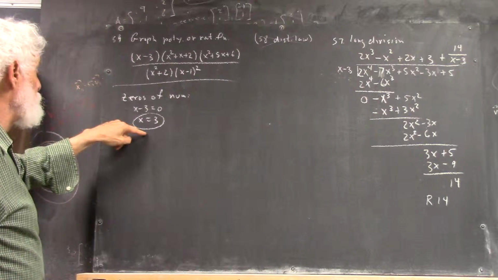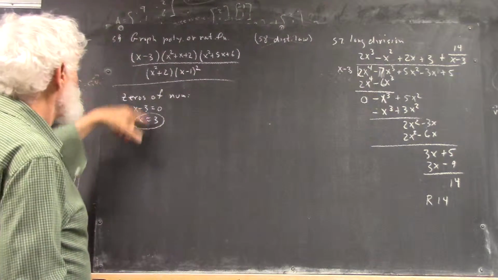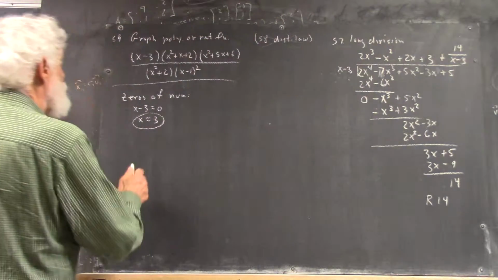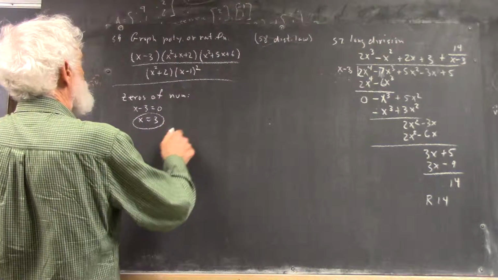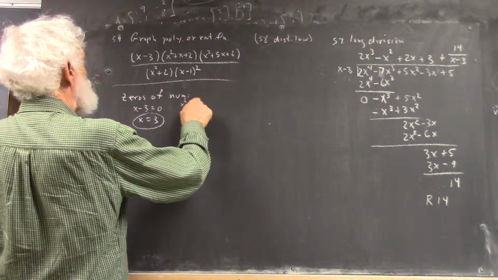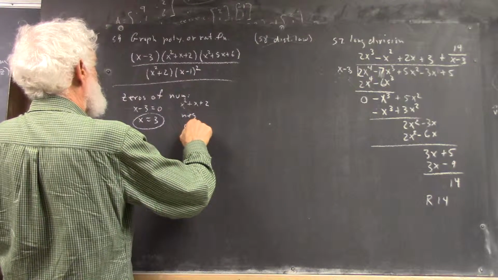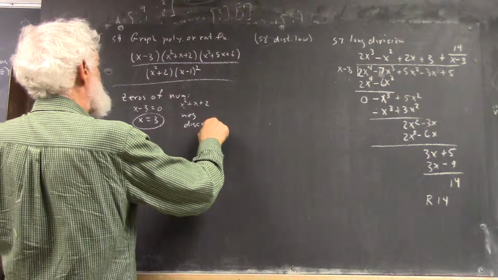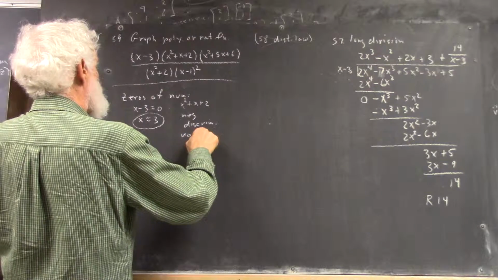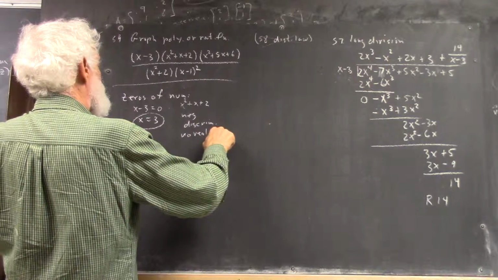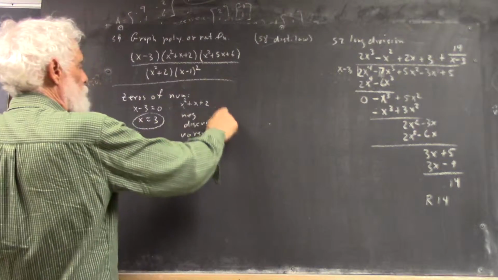So x equals 3 makes this 0, so it makes the numerator 0. Okay? X squared plus x plus 2, you got a negative discriminant. No real zeros, and that's been addressed elsewhere.